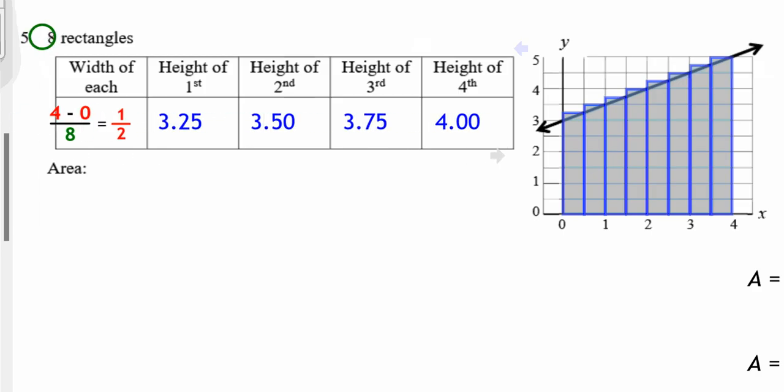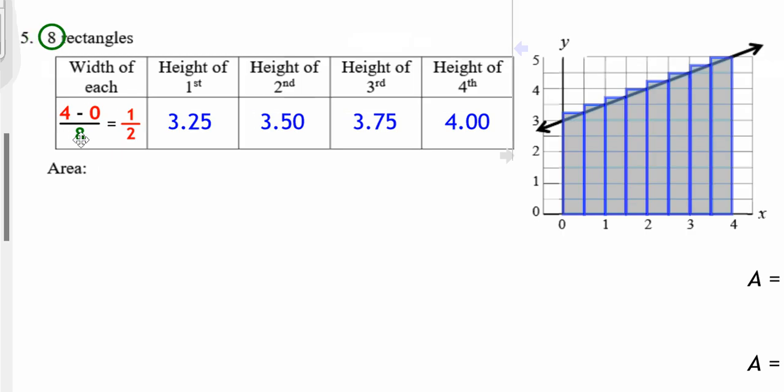The width is 1/2, and the height for my first rectangle is going to be 3.25, then 3.5, 3 3/4, 4. That's where each of these values is coming from. I ran out of space, so we could figure out the others and put them into the equation that we do here.